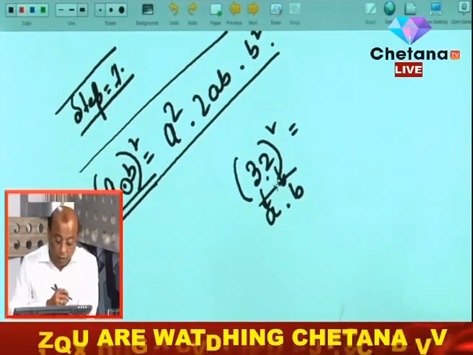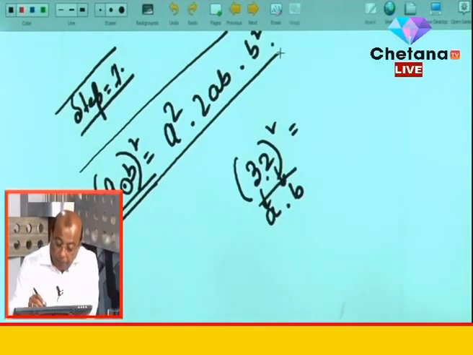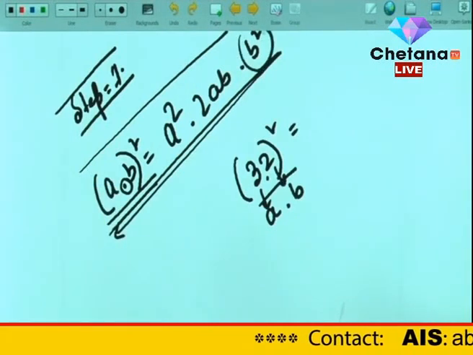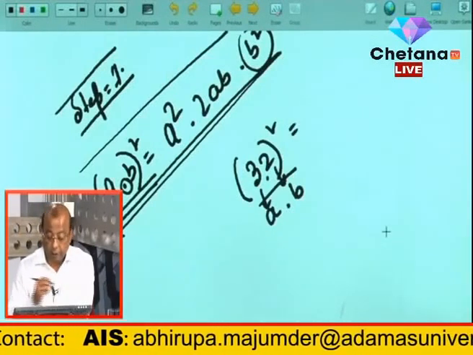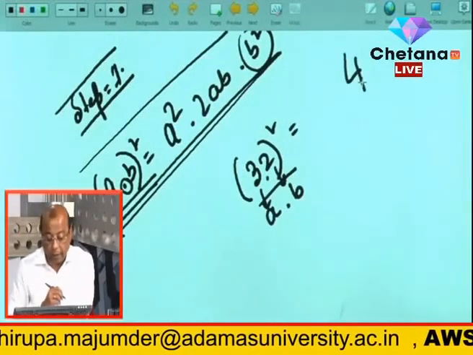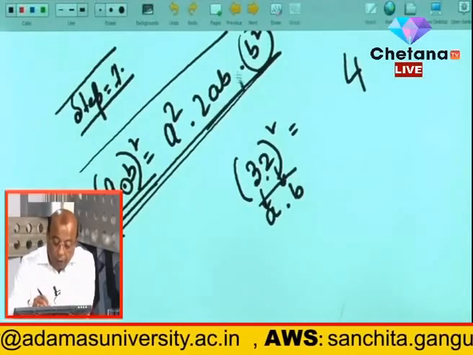Okay. So now we will start from the back side. First number, that is b square. What will be the square of that 2? That is 4. Right? Next, 2 into a into b.